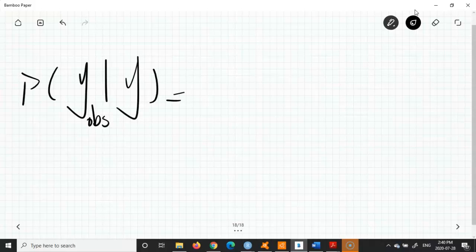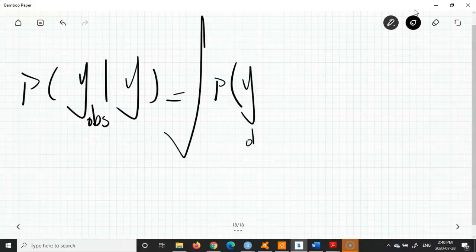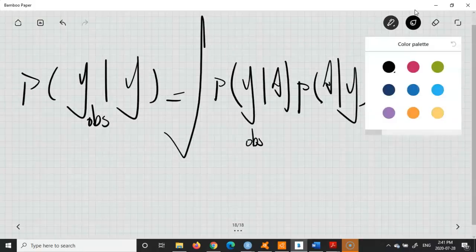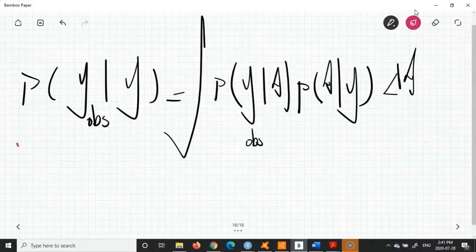It's essentially the integration of the probability of the observation based on theta, the parameter that you have, times the probability of having that parameter based on your y. Given that, you can call that the likelihood, then you add d theta.